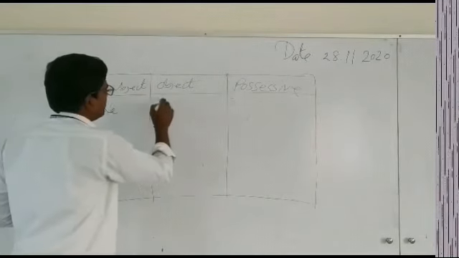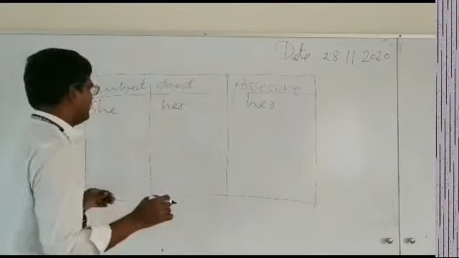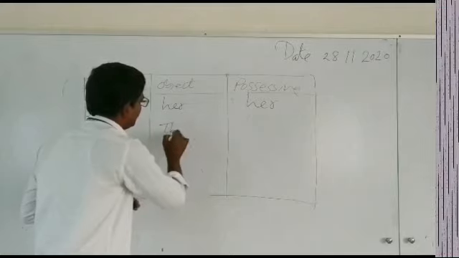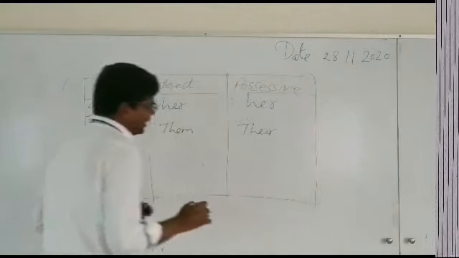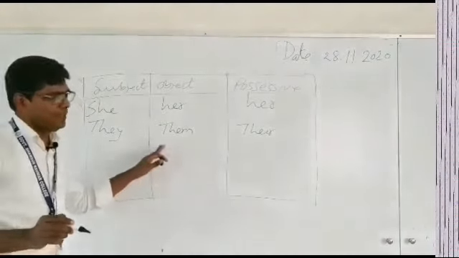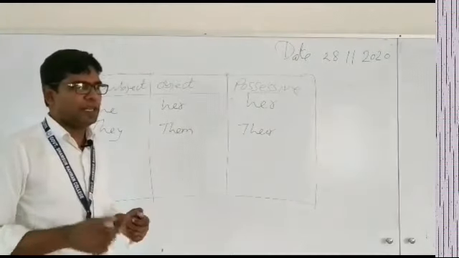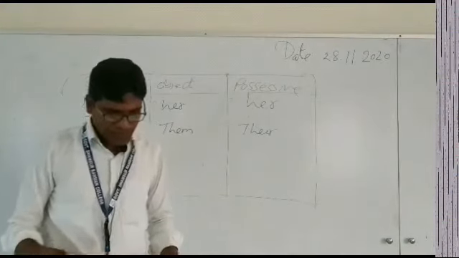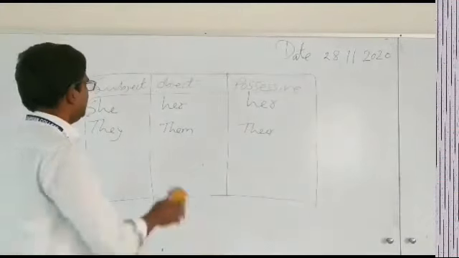She, subject. Her, object. Her, possessive. They, subject. Them, object. Their, possessive. But if the subject form is any name, the object may also be the name, and for possessive, we have to use apostrophe. I have already discussed it when I was discussing possessive case. So this is all about possessive case.